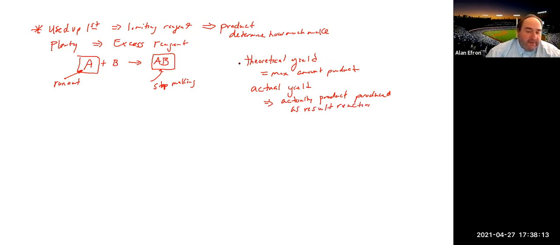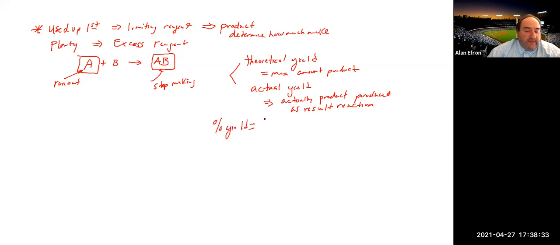And the relationship between theoretical and actual yield gives us a third yield, if you will, and that's a yield we often think about when we perform reactions and try to figure out how well we did this reaction. That's what's sometimes referred to as percent yield.